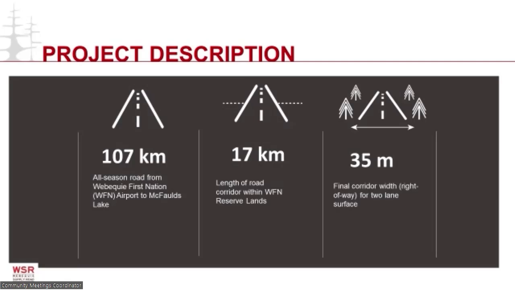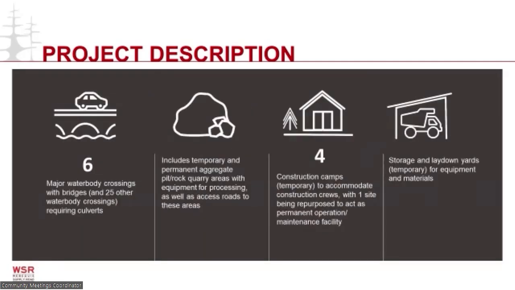The corridor planning area is 2 kilometers wide, but the actual cleared area will be 35 meters wide, make 3 large water crossings, and will include temporary pits, quarries, equipment storage areas, and construction camps. The road will make 6 major water crossings and will include temporary pits, quarries, equipment storage areas, and 4 construction camps.